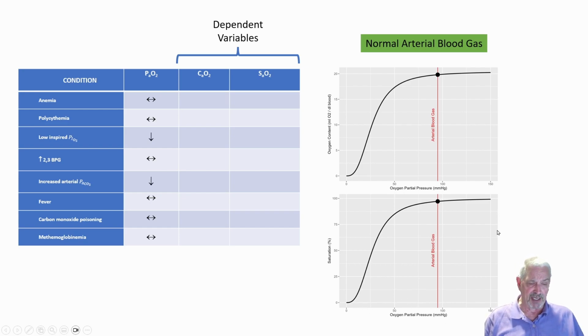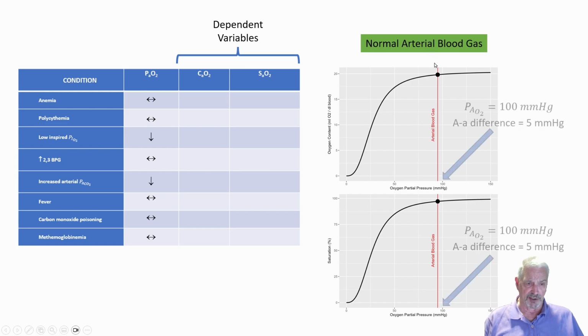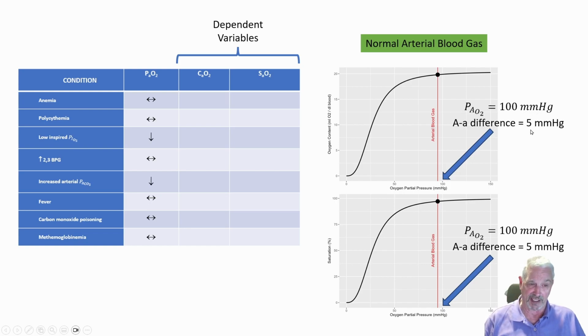But the other thing we have to do is decide where on this curve we're looking. And we're looking at an arterial blood gas, and so we need an arterial PO2 to think about. And the way we get that is by knowing that a typical alveolar oxygen is 100 millimeters of mercury, and a typical AA difference is about 5 millimeters of mercury if you're really, really healthy.